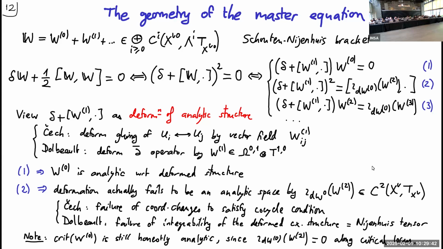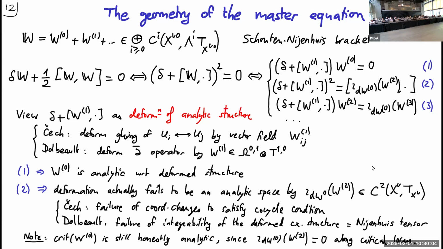So the philosophy here is you should see this delta plus bracket with W1 as a deformation of analytic structure that people talk about when they say, oh, wall crossing transformations and this and that. Concretely, if you use a Čech model, you didn't say what kind of cochains I was using. If you think Čech, this is deforming the gluings between the coordinate charts.